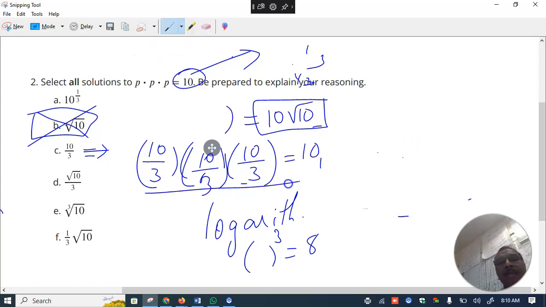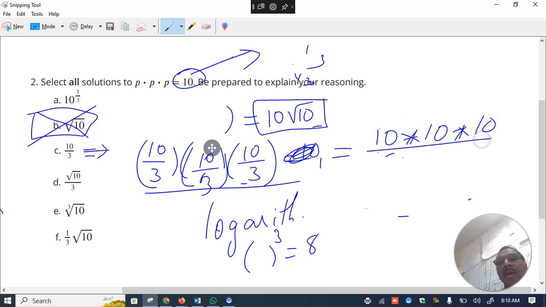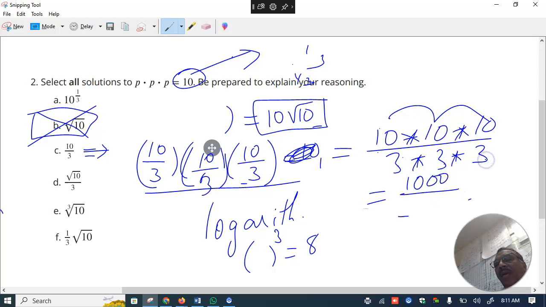Okay, so if you see this you end up getting 10, 10, and 10, and the bottom will be 3 times 3 times 3. So you get 10 times 10 times 10 is 1000, and 3 times 3 times 3 is 27. Okay, you can check it out.